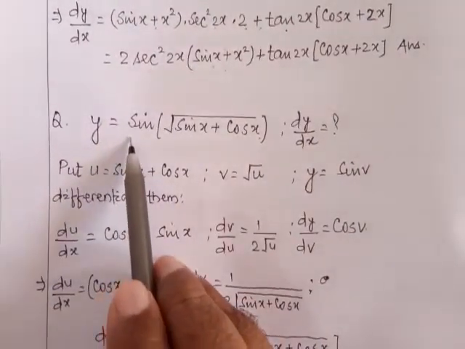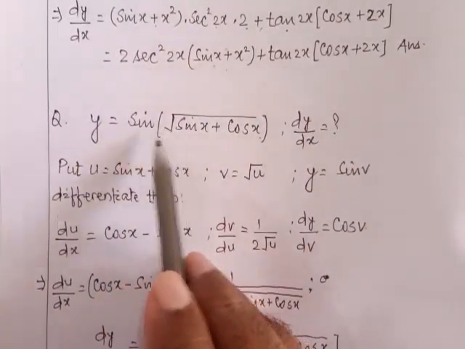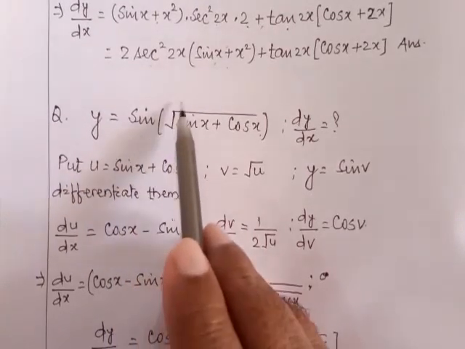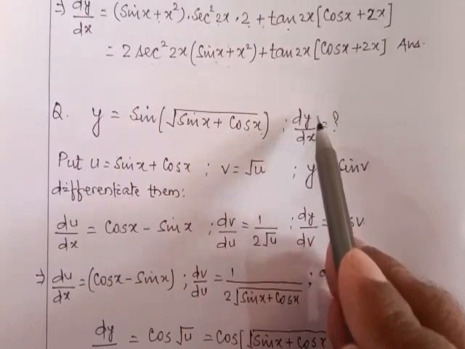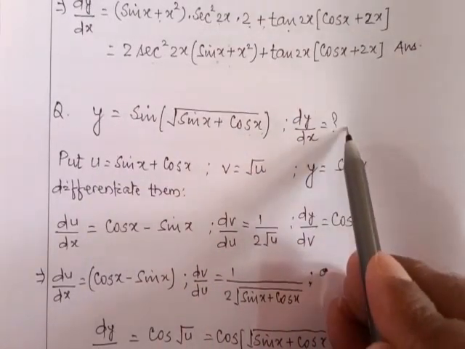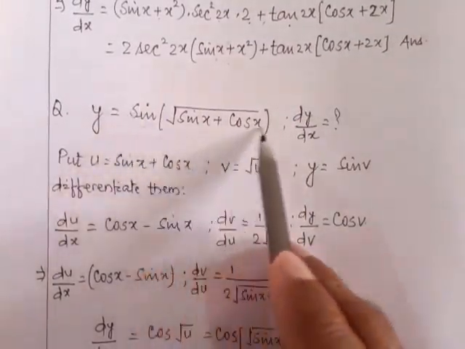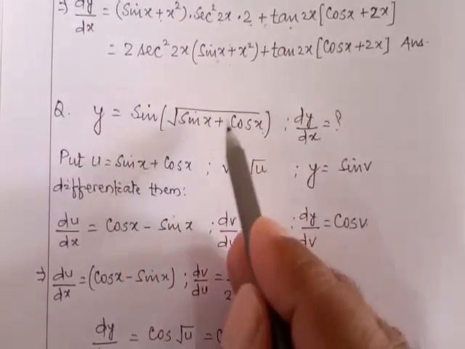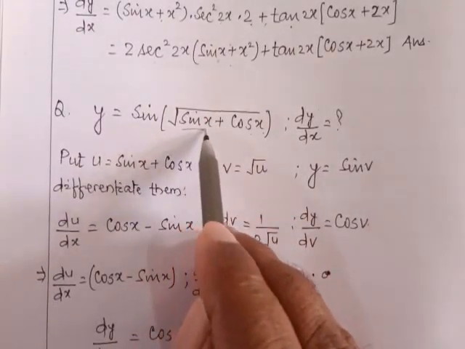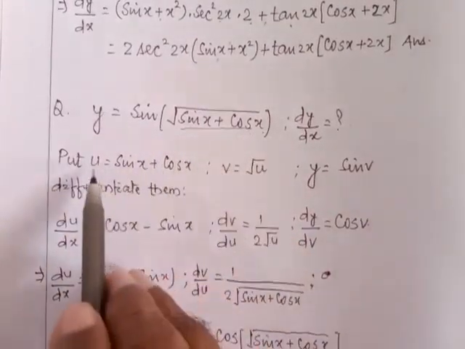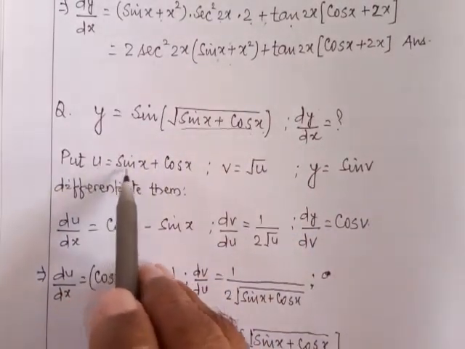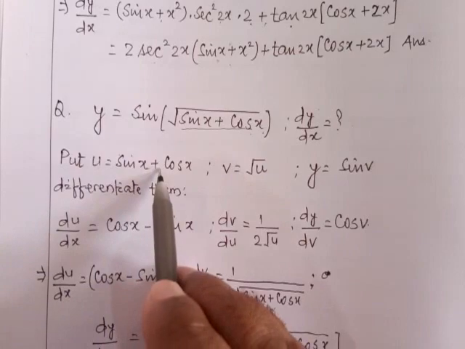If y is equal to sin of under root sin x plus cos x, then find dy by dx. See, this is one of the complex terms. First consider u as sin x plus cos x. So put u equal to sin x plus cos x.